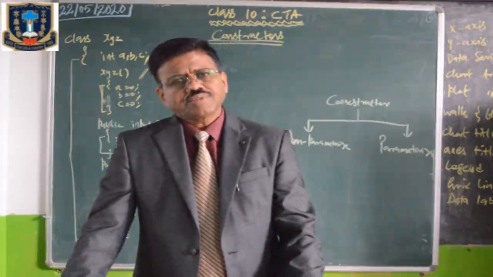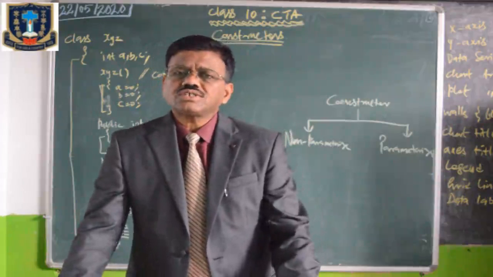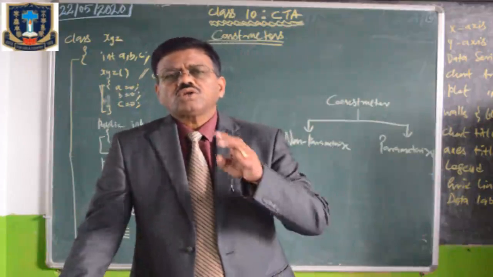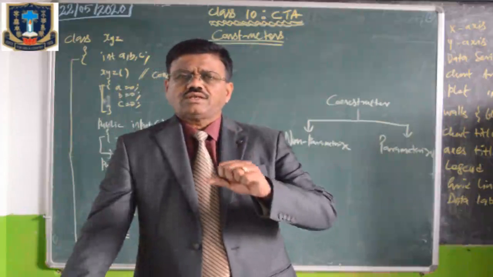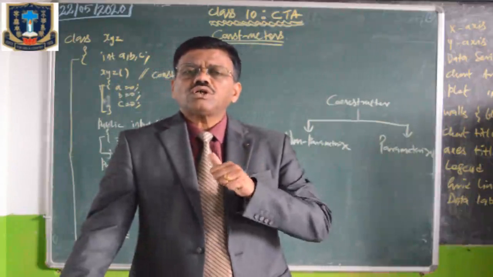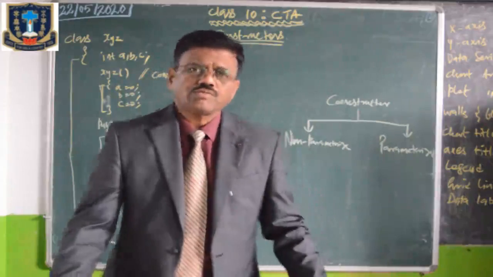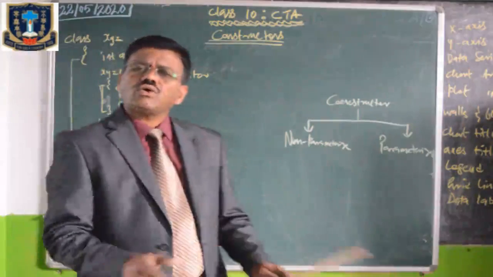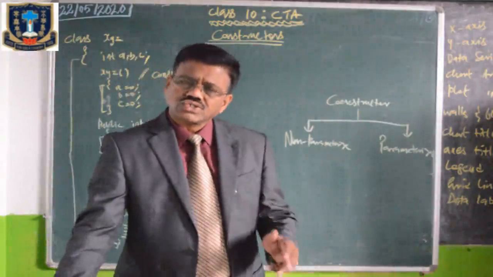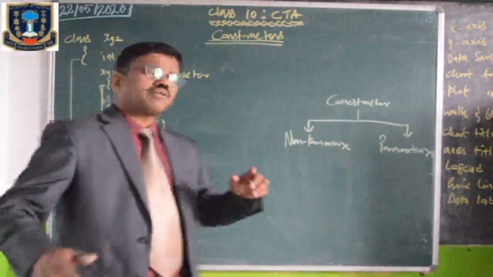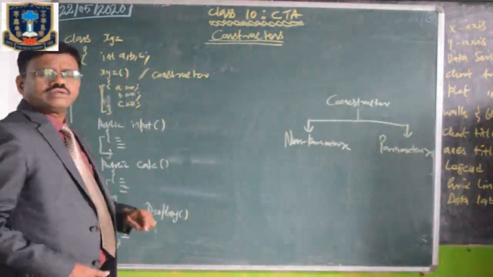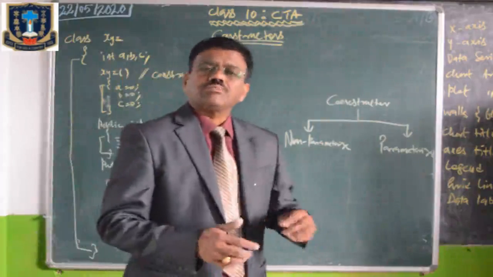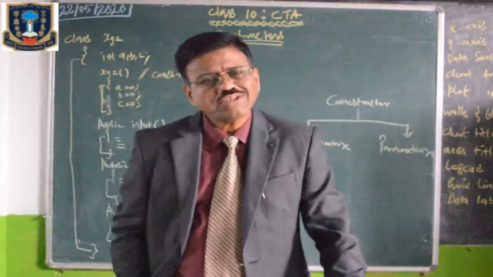How many types of constructors are there in Java? There are two types. The first one is non-parameterized: if you do not have a parameter here, it's called a non-parameterized constructor. If there are parameters, then it's called a parameterized constructor. Is this clear, boys and girls?